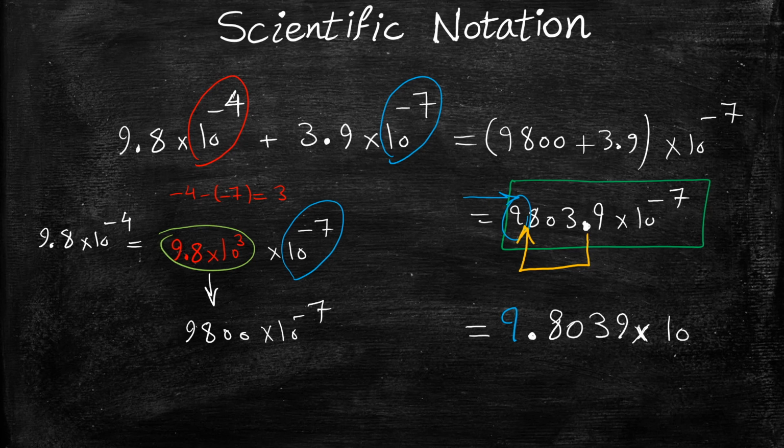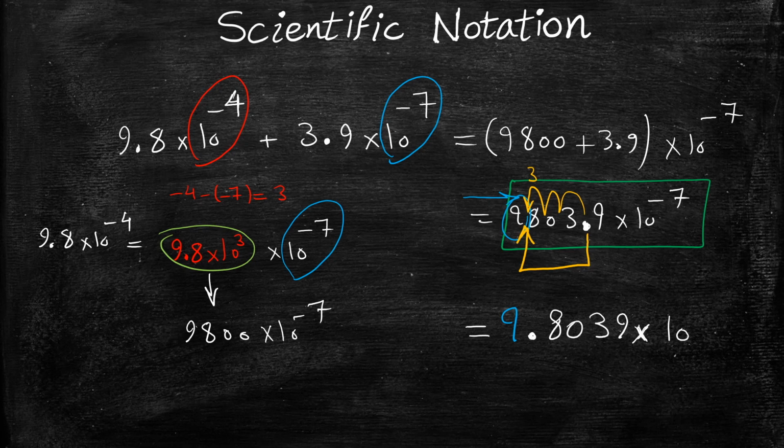Okay, how many positions? We moved it 1, 2, 3 positions. So we moved it to the left 3 positions. We made the number smaller, so we have to make the exponent of 10 larger.